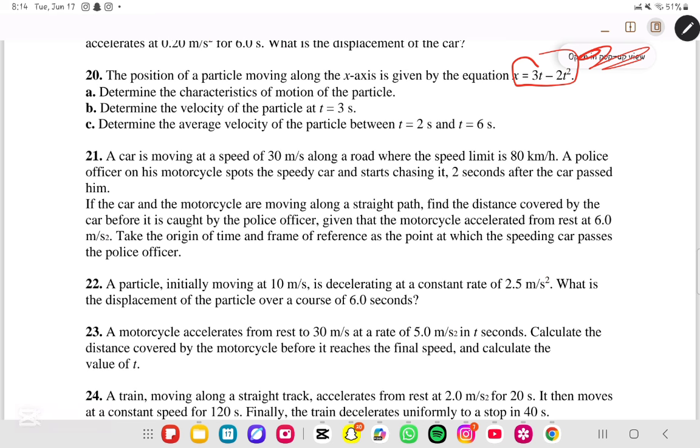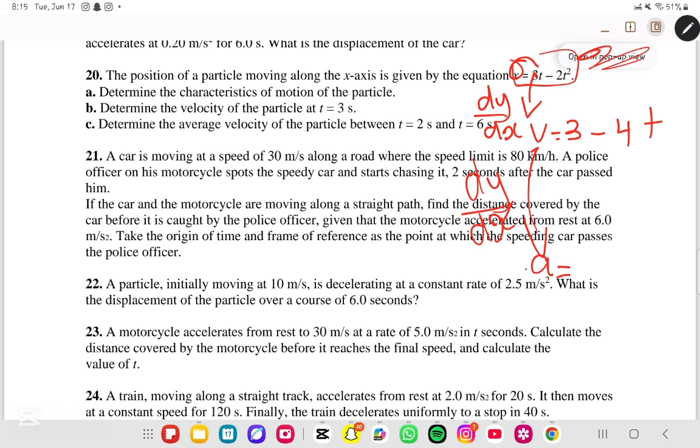So very simply, what I'm gonna do, first of all, is we have the position. So let us take the derivative to find the velocity. If you take the derivative, what are you gonna get? 3 minus 4t. This is now the velocity. Velocity is equal to 3 minus 4t. Okay, let's take the derivative one more time to find the acceleration.